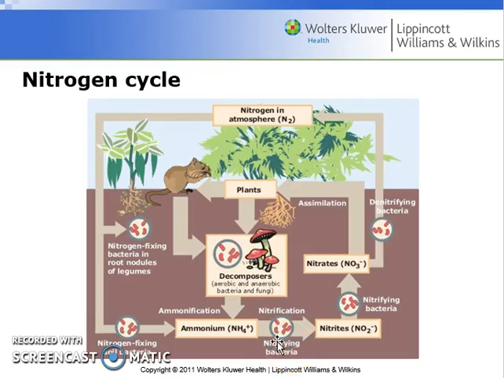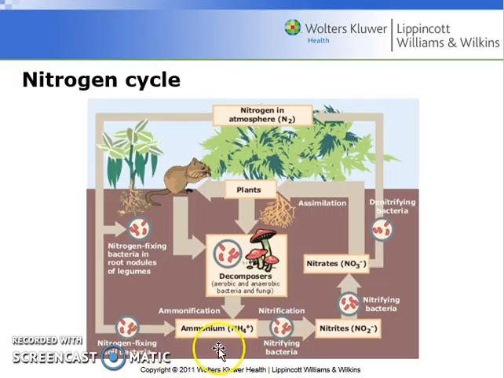And all that means is that this bacteria fixes the nitrogen by converting it to ammonia, NH4+, but then it goes through the process of nitrification, where you have the production of nitrites. So that's all they mean by nitrifying bacteria.